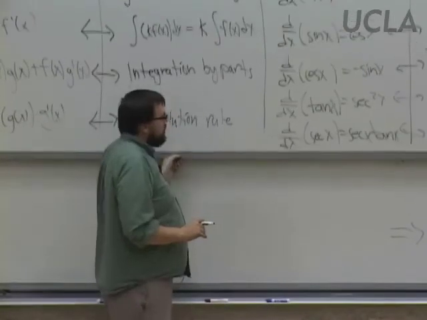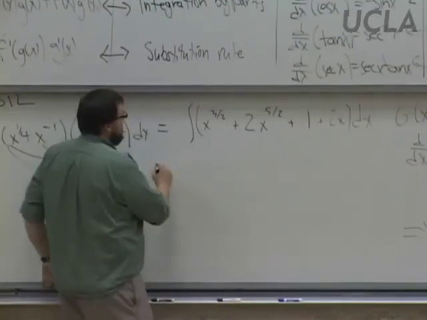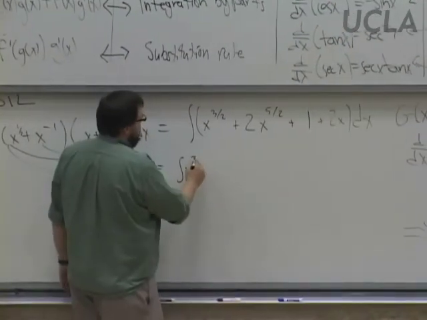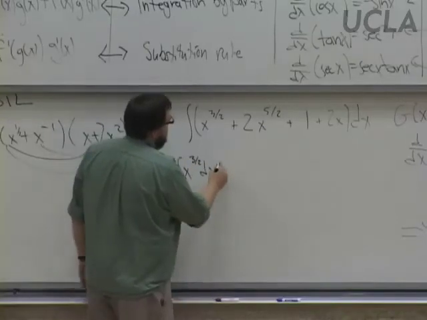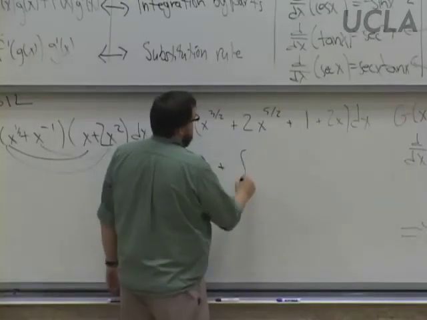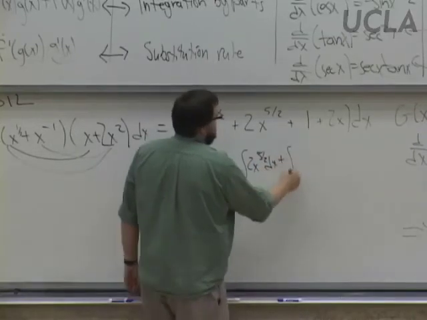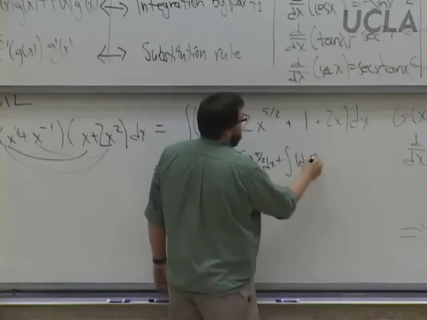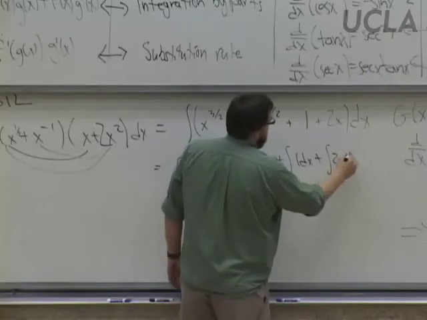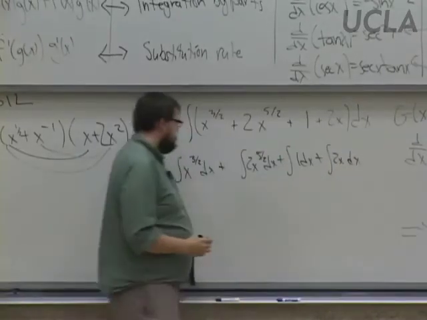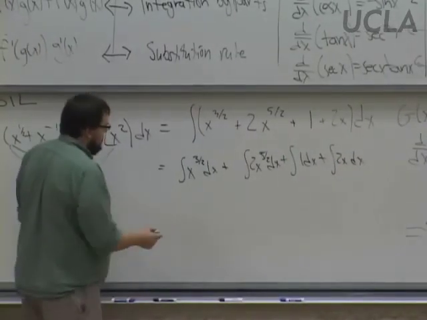So instead of one big problem, I'll think of this as 4 little problems: the integral of x to 3/2 dx, plus the integral of 2x to 5/2 dx, plus the integral of 1 dx, plus the integral of 2x dx. Now we just start working on each one individually.